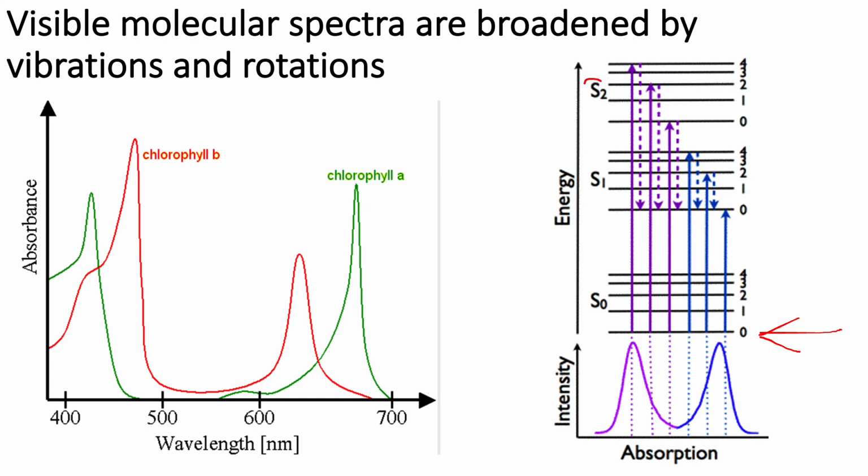This is an electronic state, S2. You started with the ground state, S0, and you're going up to this electronic state. But in that electronic state, you have a whole host of different vibrational states. These are the numbers of the vibrational states. And there's a whole bunch of them, right? And so as a result, each one of these lines becomes smeared out, right?